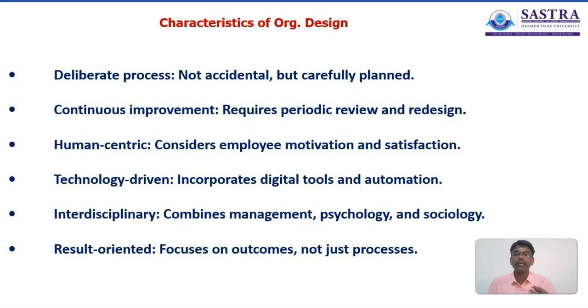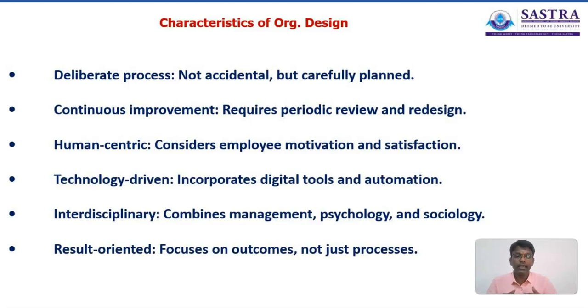So alignment to strategy and clarity of roles and responsibilities are both running parallelly, followed by effective coordination and integration. You have seen these things in fundamentals of management. Every organizational design should ensure effective coordination and integration, friends. There are different departments and branches available in an organization, even teams also. They must work in harmony with proper communication channels and collaborative mechanisms in place.